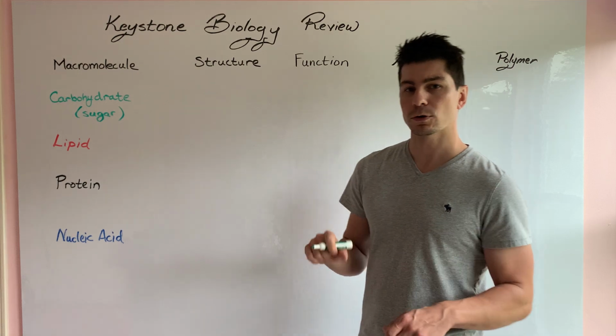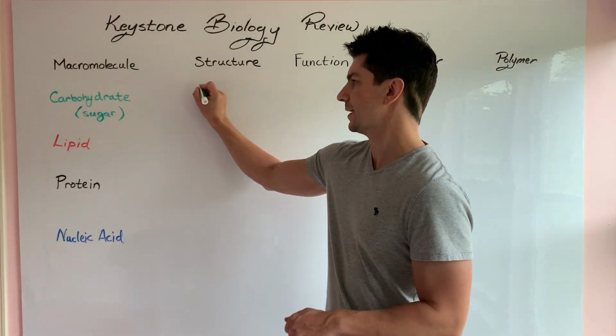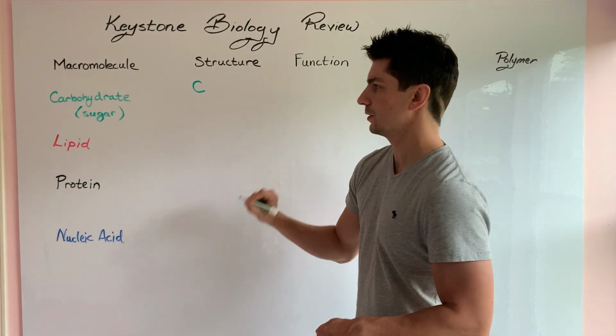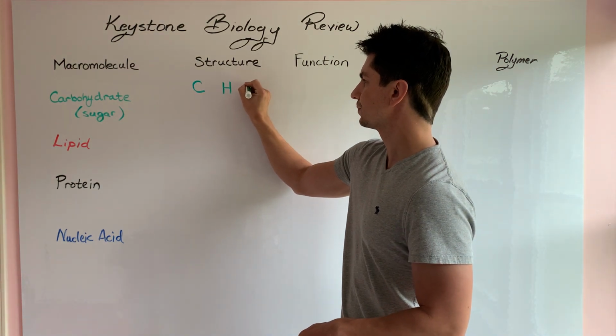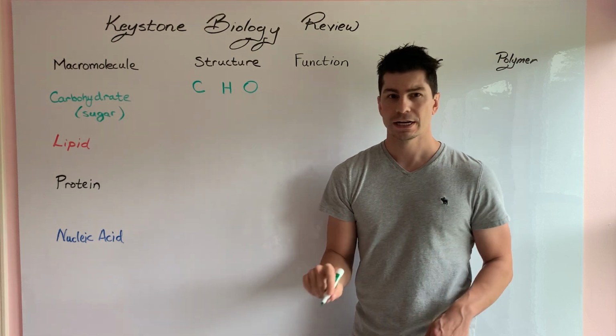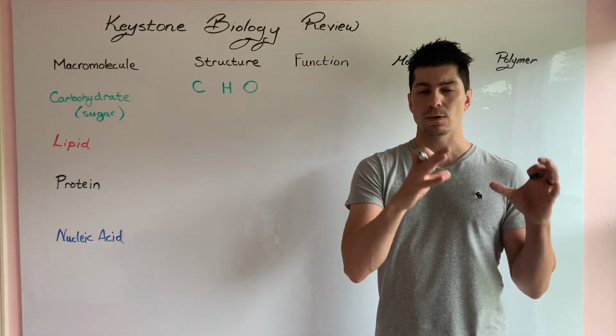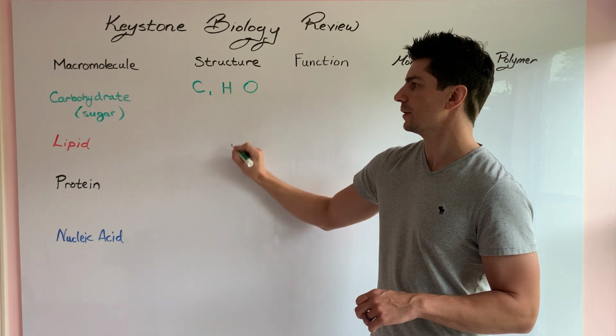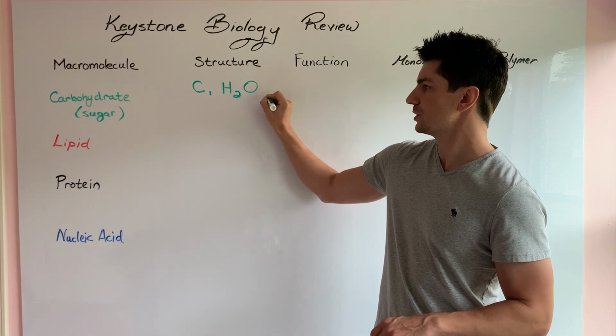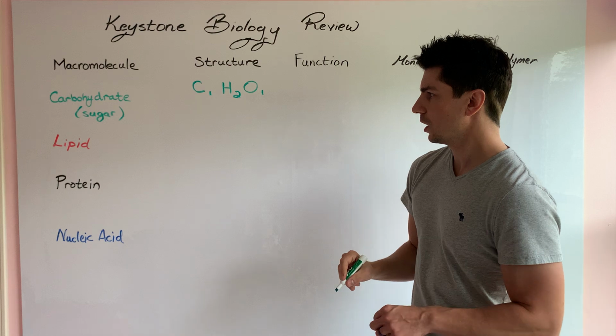Anytime you see a chemical formula for a carbohydrate, it's always going to follow this structure. It's going to be made up of carbon, hydrogen, and oxygen. And it's always going to be in a 1 to 2 to 1 ratio. So for every 1 carbon there's going to be 2 hydrogens, and there's also going to be 1 oxygen.